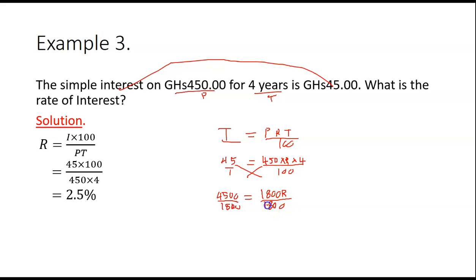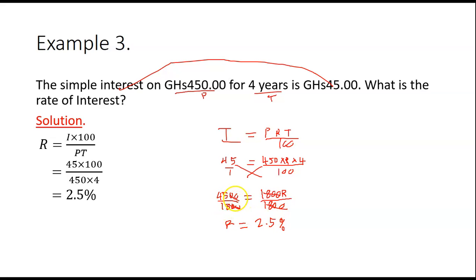So this 1,800 goes here and goes here. So we have R to be equal to, these 2 zeros take away these 2 zeros, isn't it? You can use your calculator. 45 divided by 18 gives you what? 2.5. Okay, percent, because rate is always in percentage, so you add the percentage symbol to it.